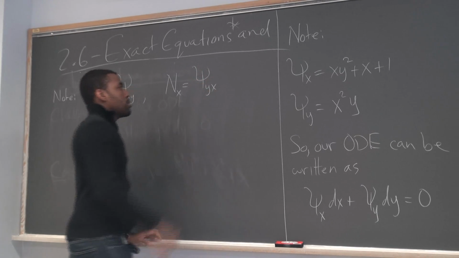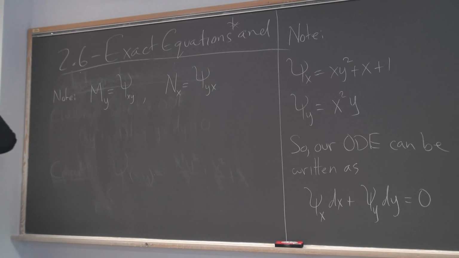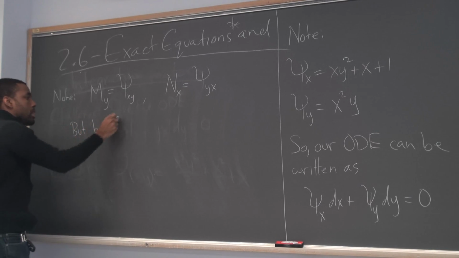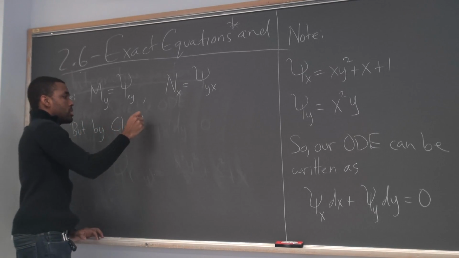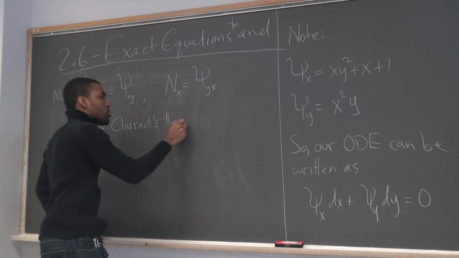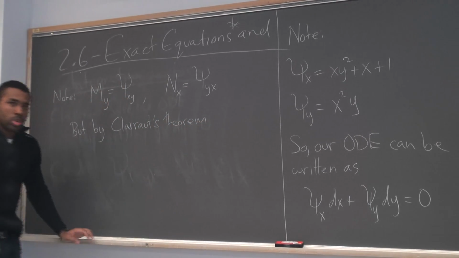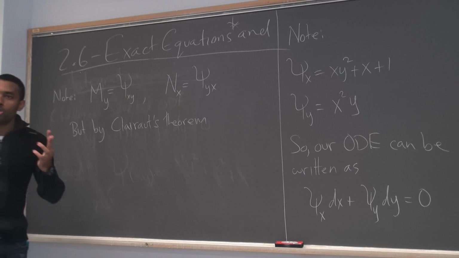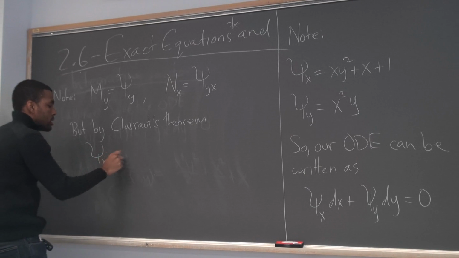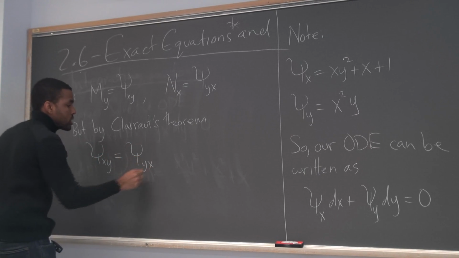Psi yx. Now, given that our partial derivatives are continuous, what does this mean? They have to be the same. You would have remembered this from Clairaut's theorem back in Calc 3. It says once your partial derivatives are continuous, it doesn't matter what order you take them in. So psi xy is equal to psi yx.